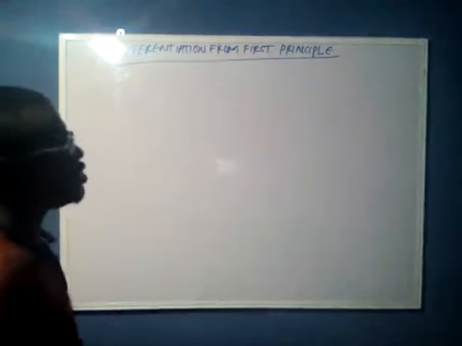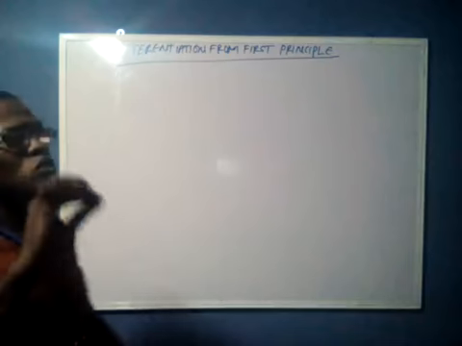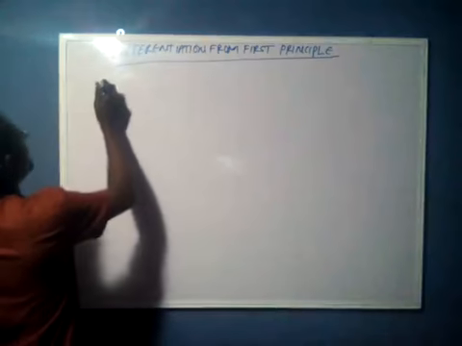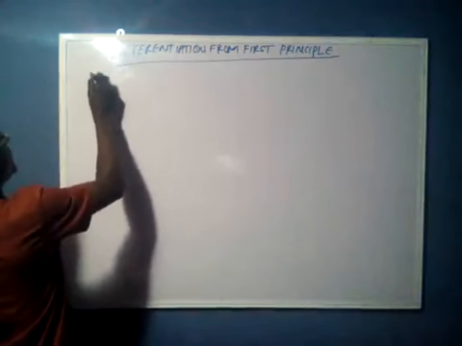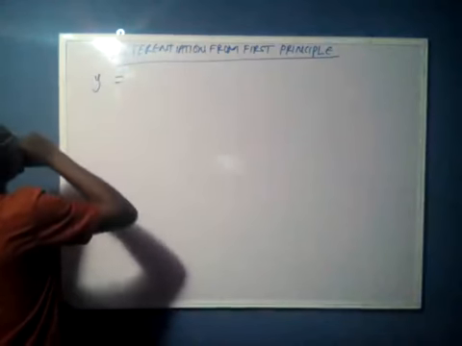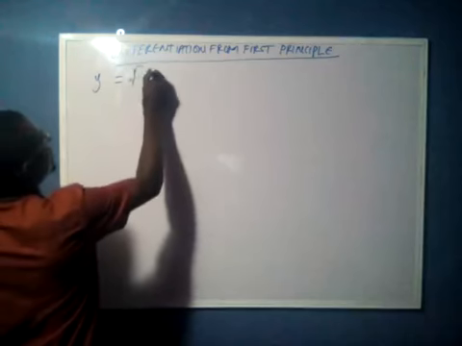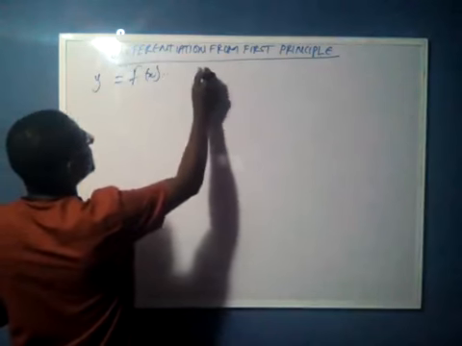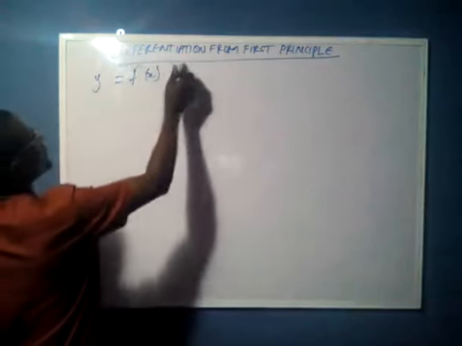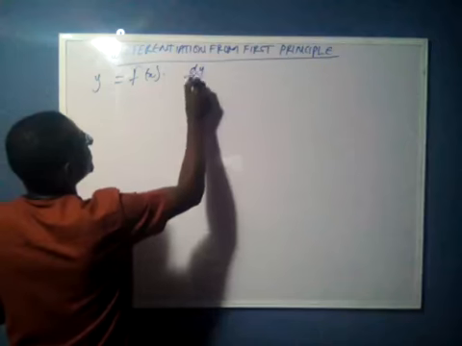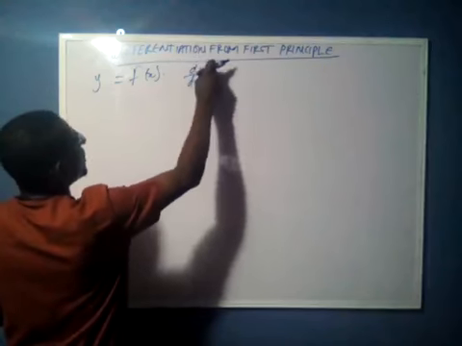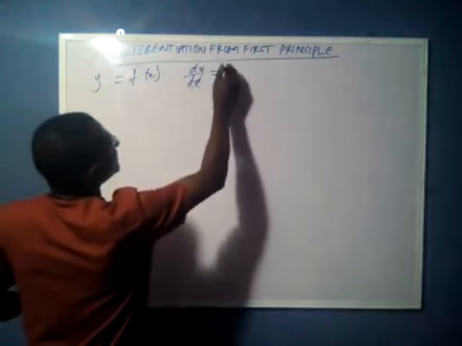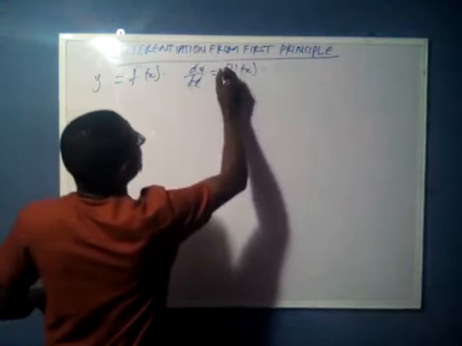Now, what I want you to bear in mind is that when we have a function y equals f of x, we write the symbol dy/dx, that is the change in y over change in x, as f prime of x.